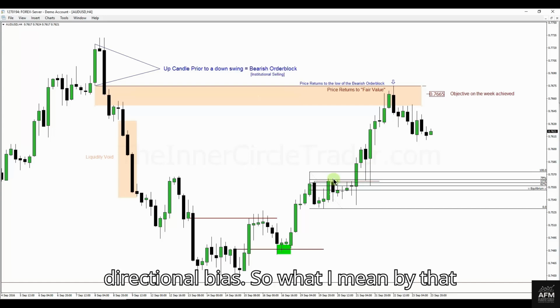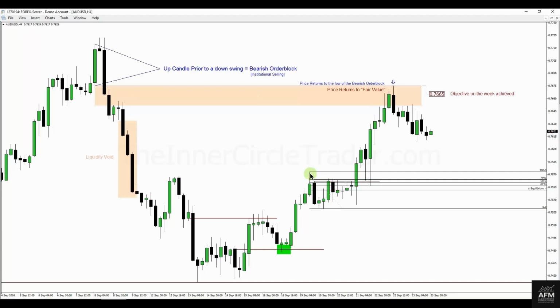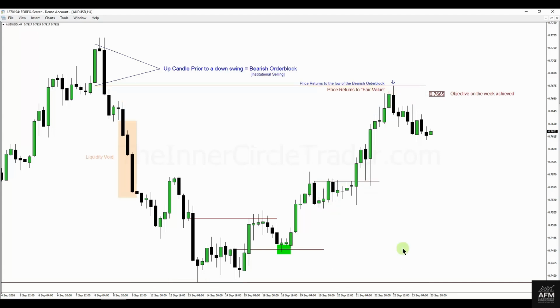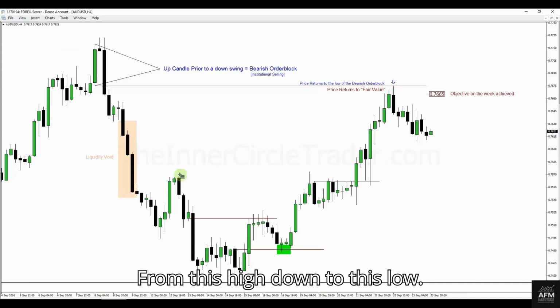So what I mean by that is if we look at price, and we take a look at it like this, we can look at price from this high down to this low.